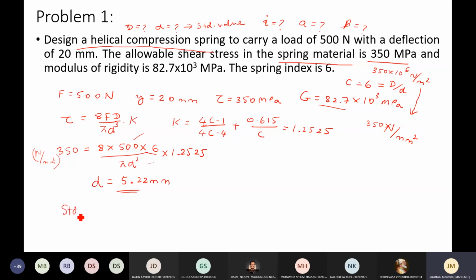So for the standard wire diameter that you require, you will have to refer to table 11.2, which is on page 188, and select under cold drawn steel wire. Looking at this table, the next best value should be 5.22 and beyond, not less than that.